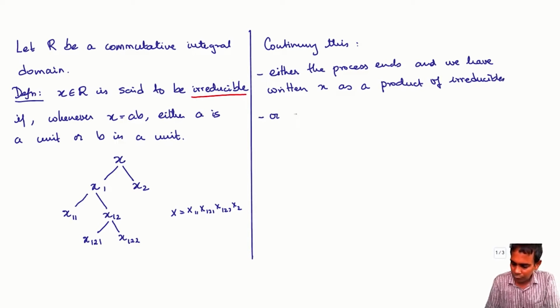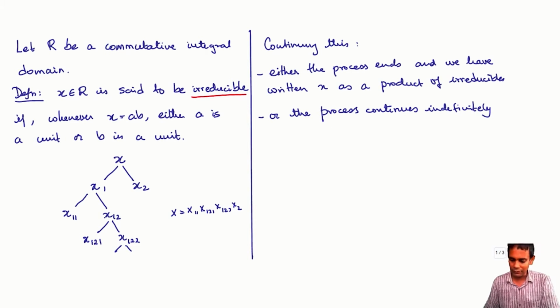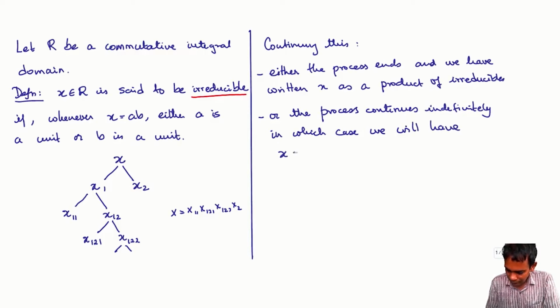or the process continues indefinitely. Which means that at least one path down this tree will continue to branch indefinitely. So in that case, I'll write down the element which is not irreducible, the branch which is not irreducible.